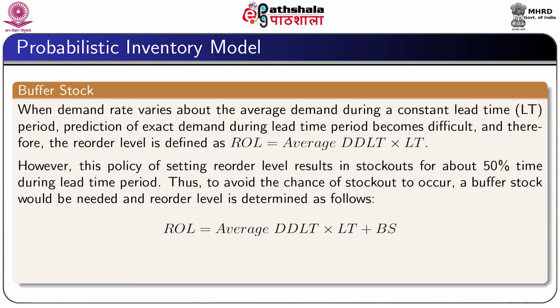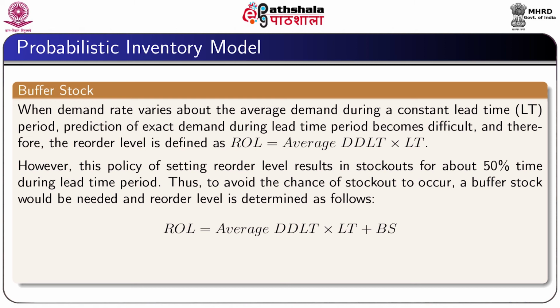When demand rate varies about the average demand during a constant lead time period, the prediction of extra demand during lead time becomes difficult, and therefore, reorder level is defined as ROL equal to average demand during lead time into lead time.